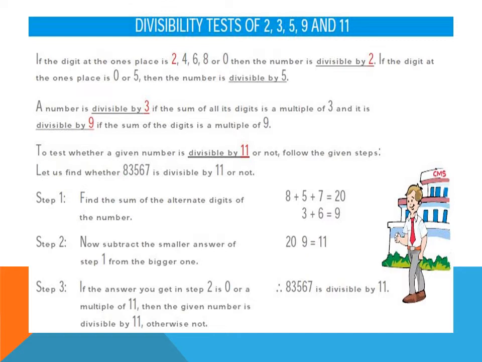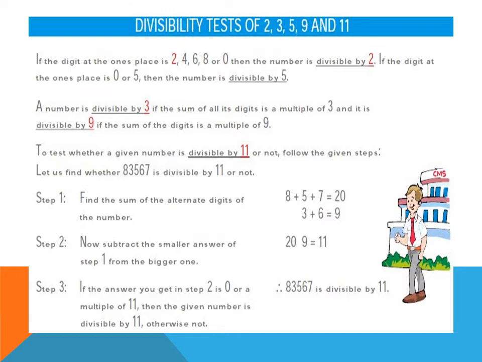Let us consider the number 12, that is 1, 2. So 1 plus 2 equals 3. So the sum 3 is divisible by 3. Therefore 12 is divisible by 3. And if the sum of all the digits is divisible by 9, then the number is also divisible by 9.